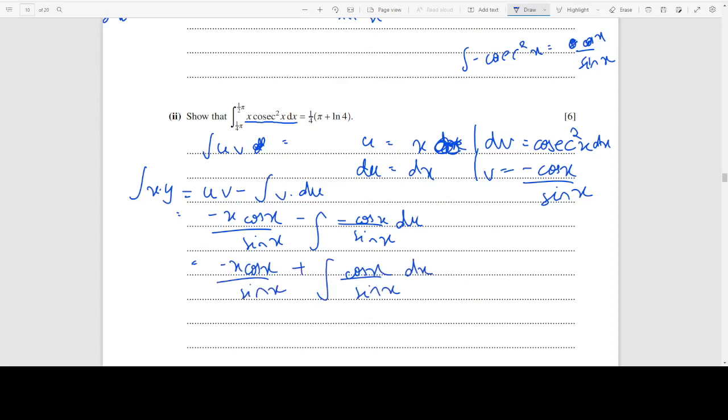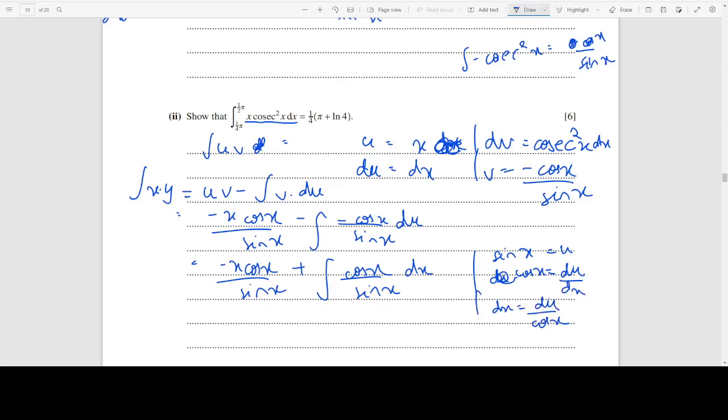Now let's take sin x as u. So we know that du over dx is equal to cos x, so dx is du over cos x.